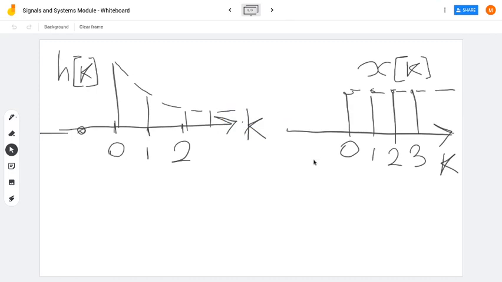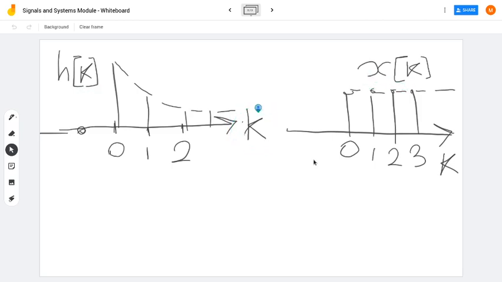The first step is to replace the variable n with k. So instead of h of n, we will have h of k, and instead of x of n, we will have x of k, which simply means we will draw h of k and x of k with respect to the variable k rather than n.